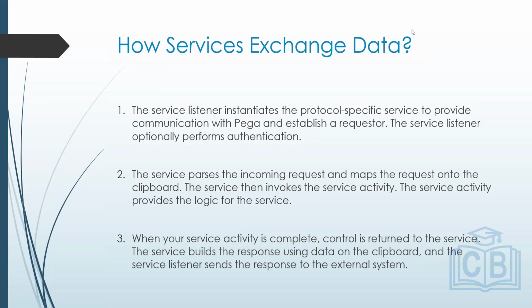What is required is the unique identifier for that customer, which could be a customer ID. So the customer ID is received. That customer ID is mapped onto your application's clipboard. It is taken from the request and mapped onto your clipboard.